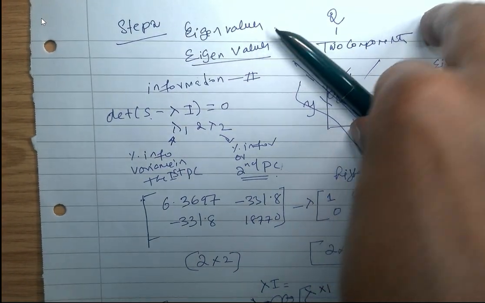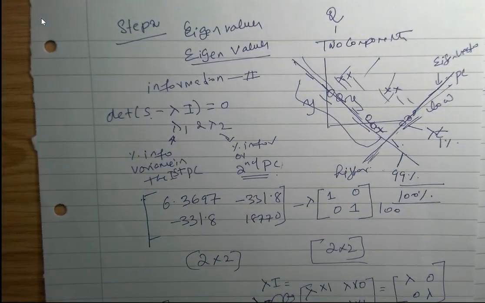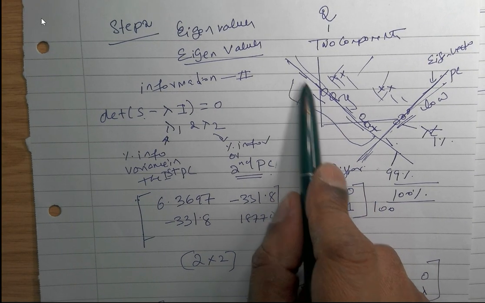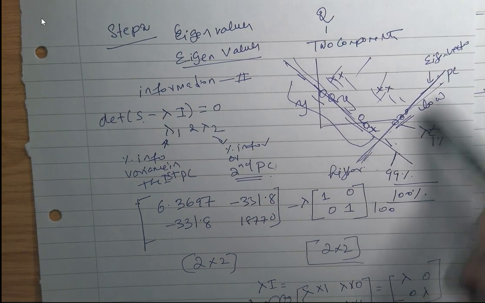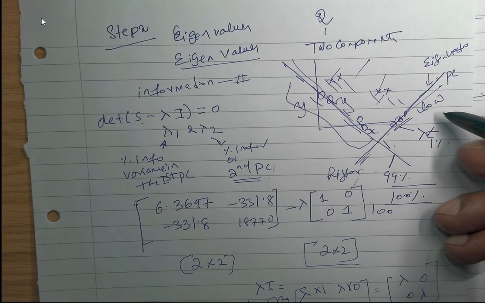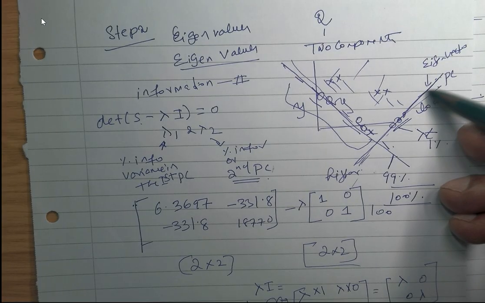To find the direction of that vector, we need to calculate the eigenvector that corresponds to lambda 1, and to get the other line, the eigenvector of lambda 2.